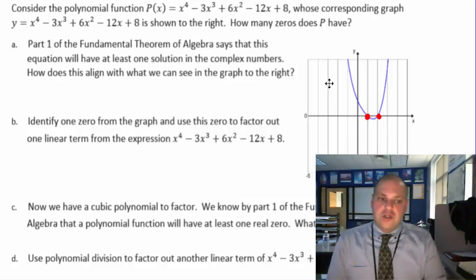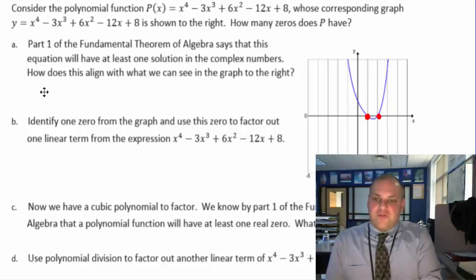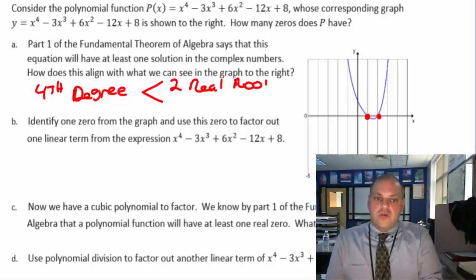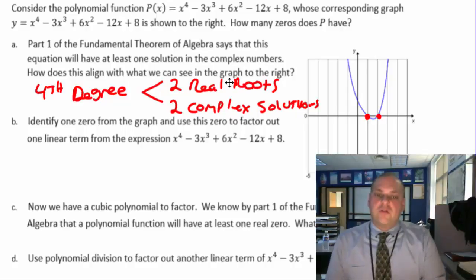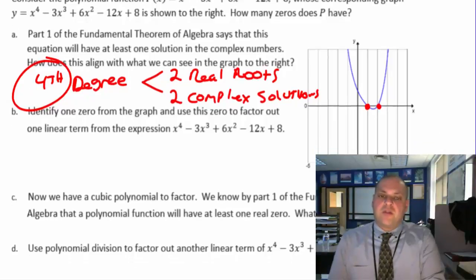So because there are only 2 x-intercepts and it's 4th degree, we only have 2 real roots, 2 real solutions. We must have 2 complex solutions. So if you have 2 real solutions, you must have 2 complex solutions because there's a total of 4. That's basically what the fundamental theorem of algebra is helping us with.